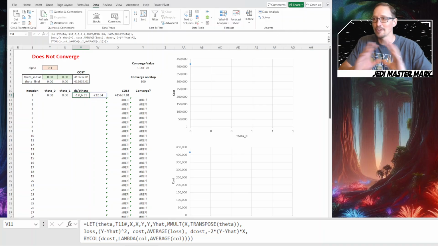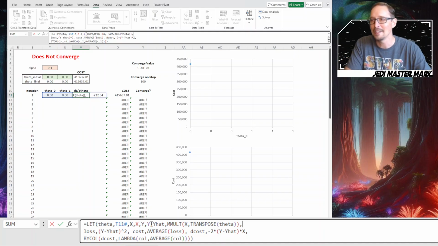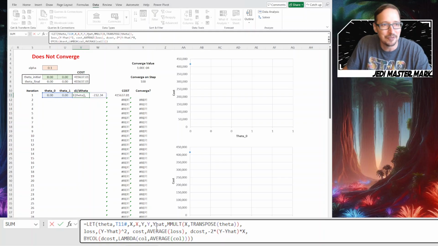So we're going to do all of what we did in that first iteration in one step. And this is where this LET function is really, really handy. You can see that we identified the theta parameters off to the left. We have x is equal to x, y is equal to y. So we've created these new variables, x and y, that operate within this LET function, but we've assigned the cells within our spreadsheet that are named x and y to these new variables.